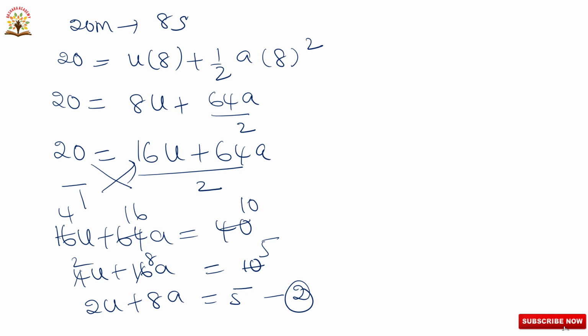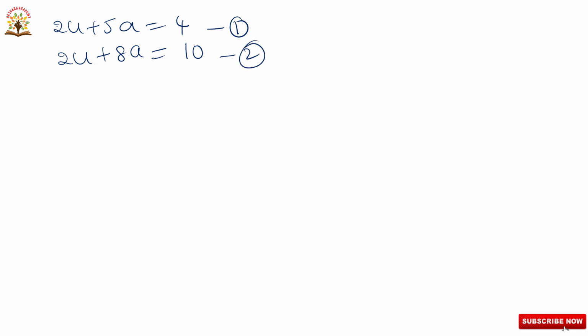So next, from equations 1 and 2 we get: the first equation is 2u plus 5a is equal to 4, and the second equation is 2u plus 8a is equal to 5.